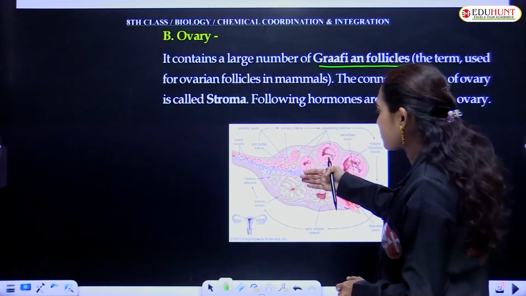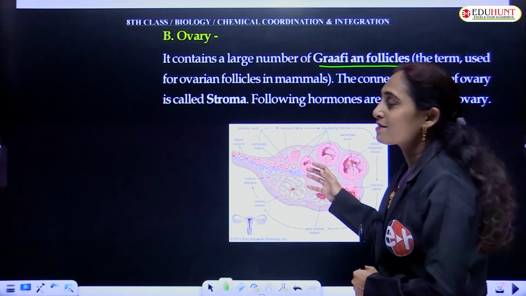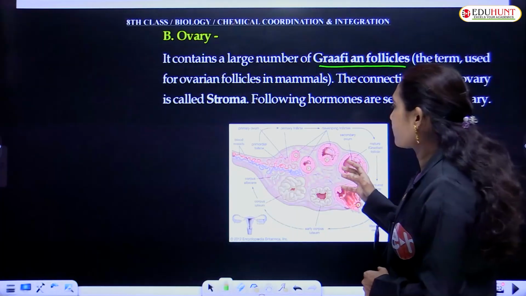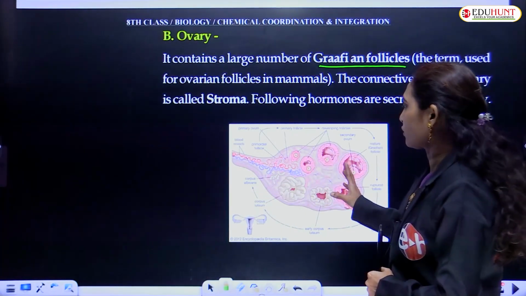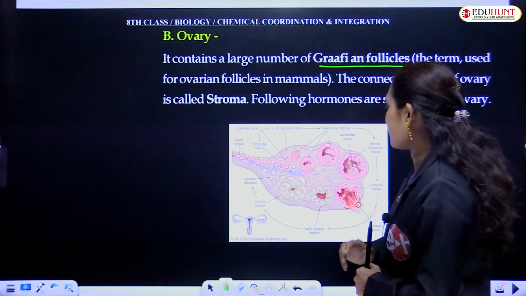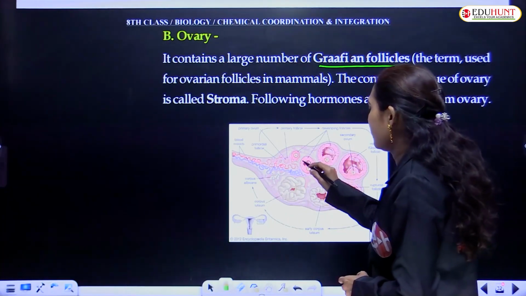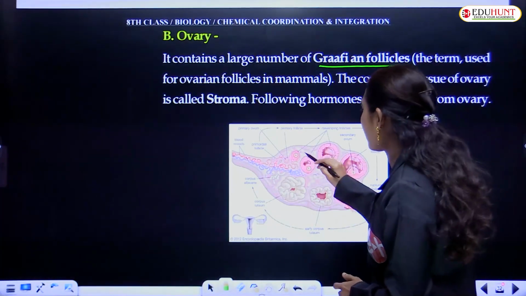If we see the cross section of the ovary, there is a tissue and some cells. The tissue has two structures mainly: one is the follicles and the second is the stromal cells. This is the stroma, the intermediate tissue present in the ovary, and these are the follicles.